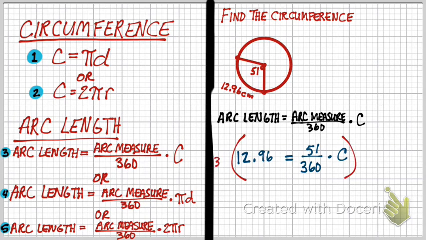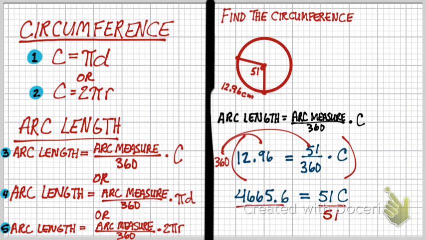So I'm going to multiply both sides of the equation by 360 degrees. And the red 360 degrees, when I multiply it on the right side, and the blue 360 degrees that's on the right side will divide each other out, and I'll just be left with 51c. On the left, when I multiply 360 times 12.96, I get 4,665.6. And on the right, like I said, I have 51c.